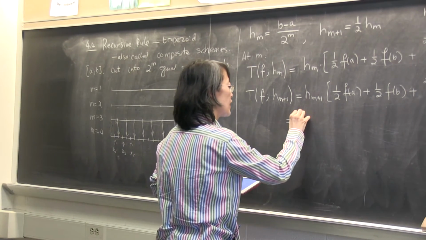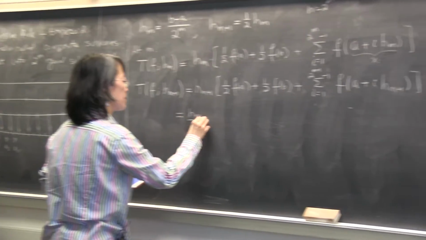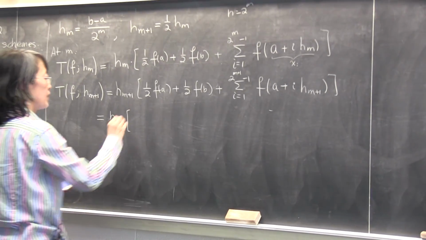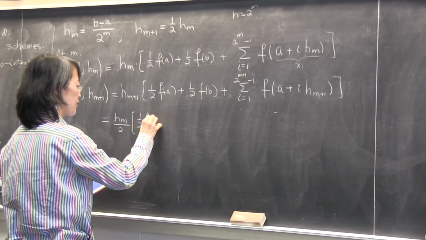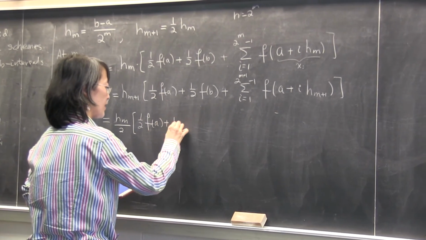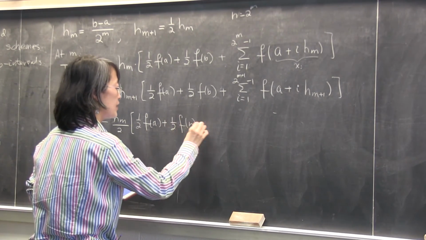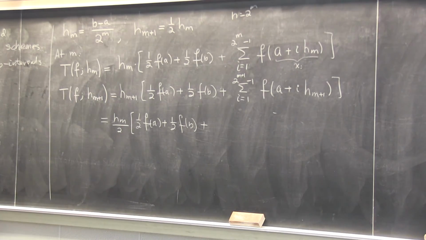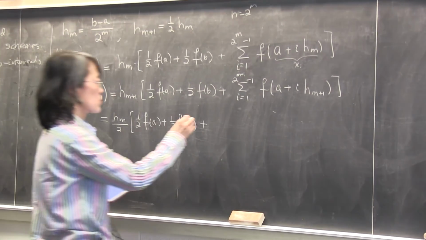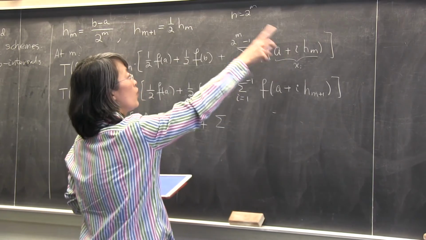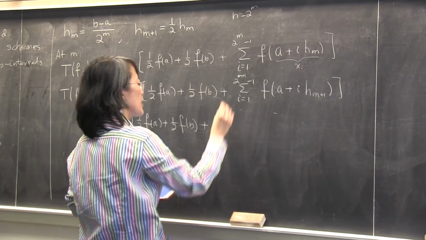So I use this hm is hm over 2. I'll have a half fa and a half fb. Okay, so I'll break this summation up into two parts. So one part will be all the points that's already used in the previous level.